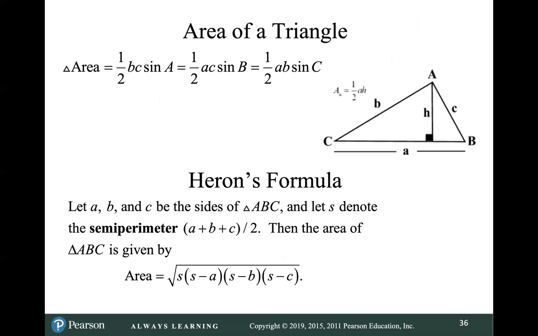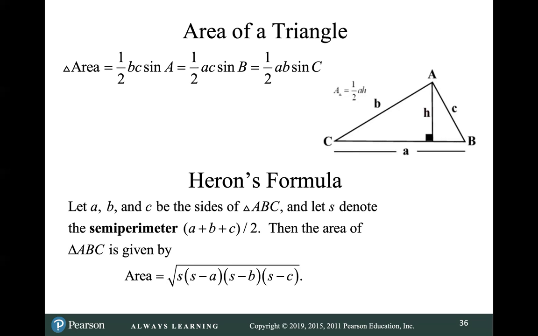All right. So let's look at a couple of formulas for area of a triangle. Now, I'm going to show you where the first one comes from, because this one might be useful, particularly if you're doing more advanced SAT prep or something like that.